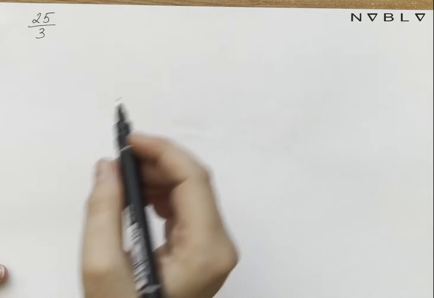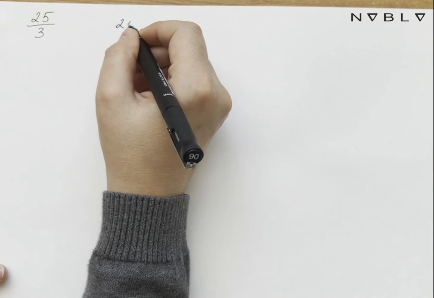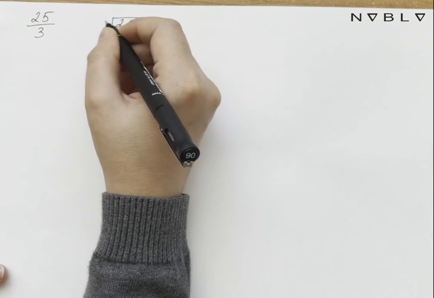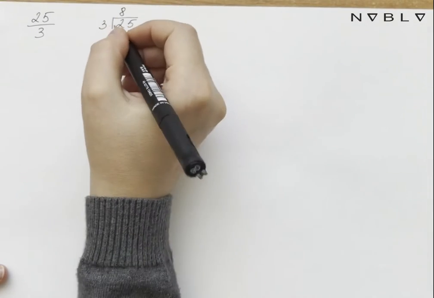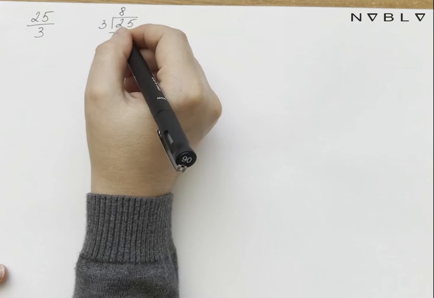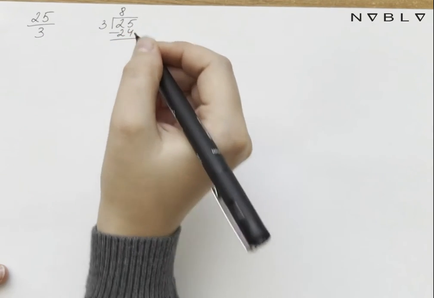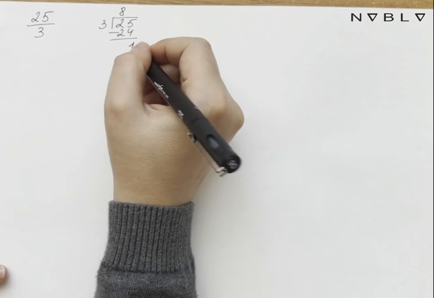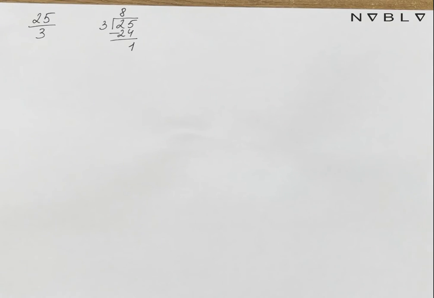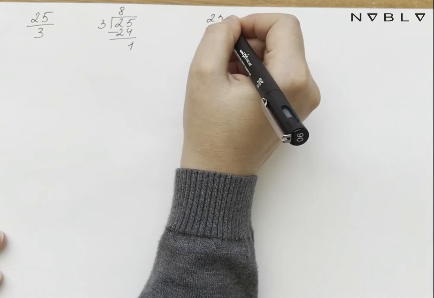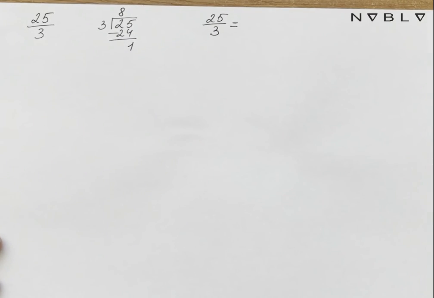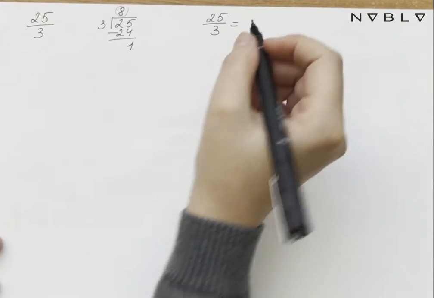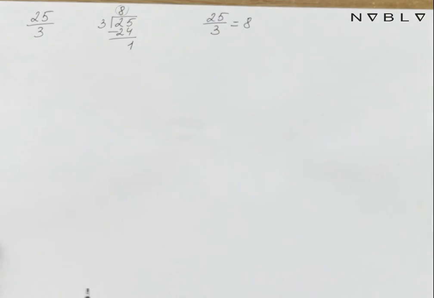I want to convert this improper fraction to a mixed number, and I need to divide 25 by 3. My answer will be 8. 8 times 3 is 24, and the remainder will be 1. Okay, 25/3 is equal to 8, because our answer is 8.